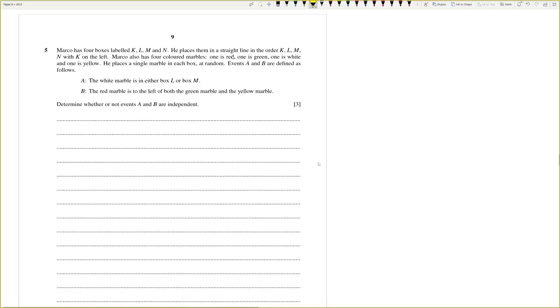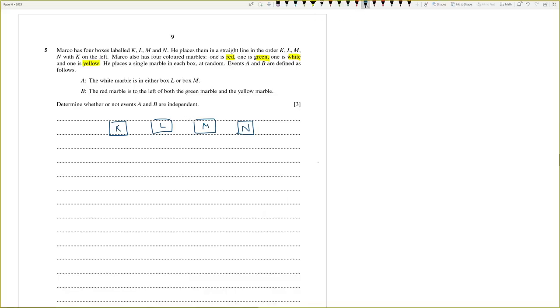So we have a red, green, white, and yellow. We have 4 boxes, K, L, M, and N over here. And we also have 4 marbles.